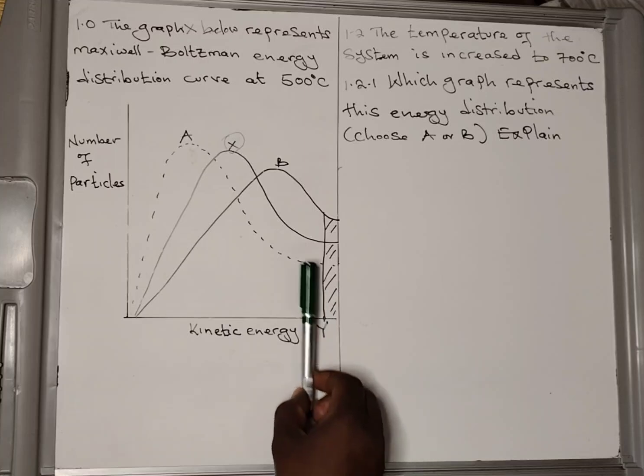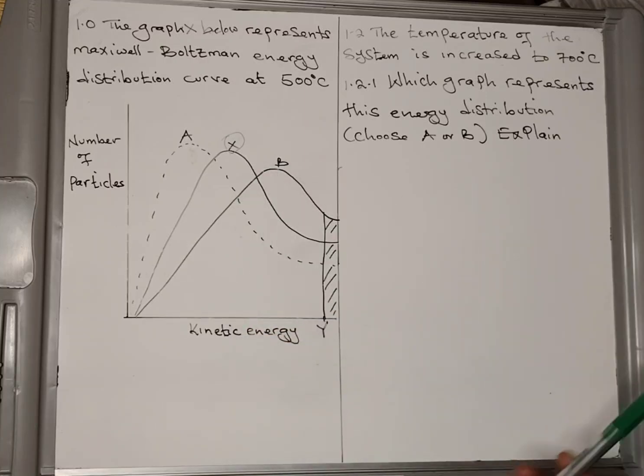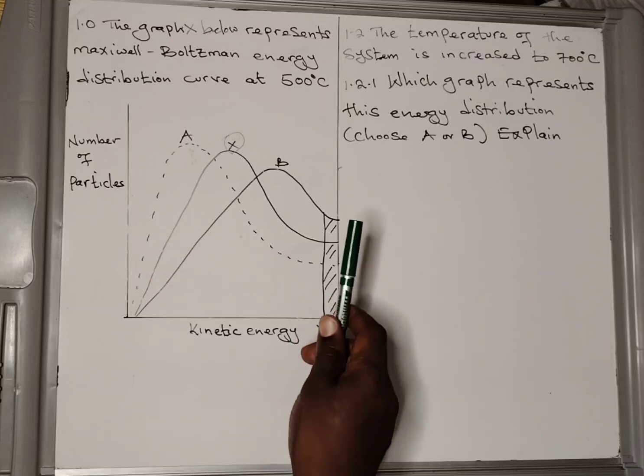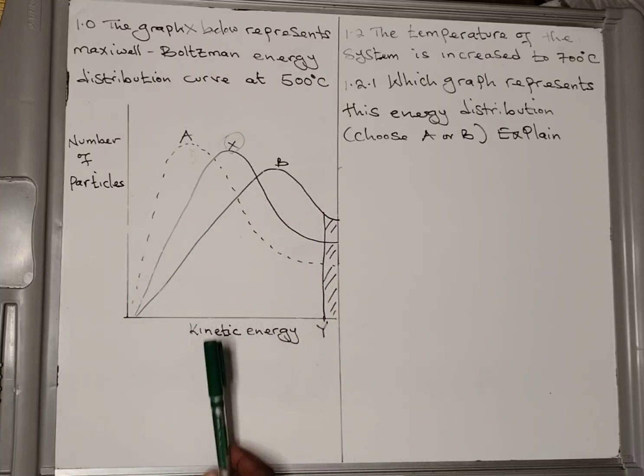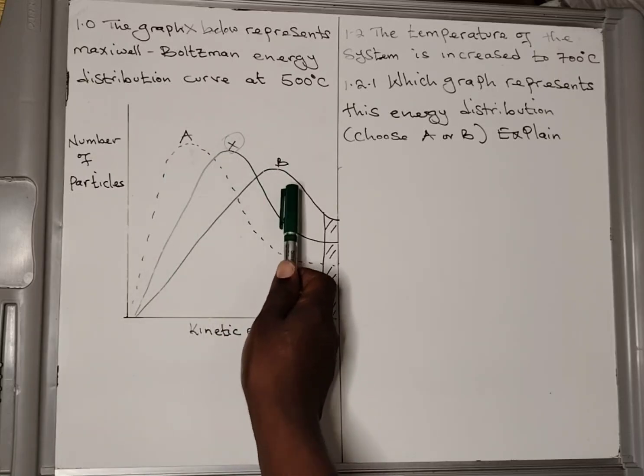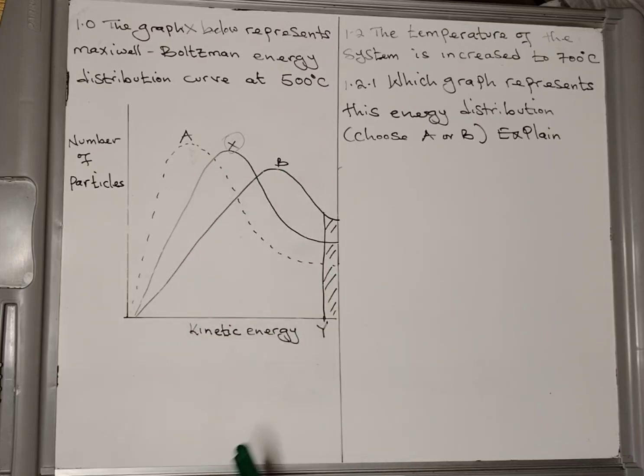When you have a graph which has the peak more to the right, that graph is having more energy compared to that before. So between A and B, which one is having more kinetic energy? The answer is B, because the peak is shifting to the right. So the answer is going to be B. And the reason is that B represents increase in kinetic energy of the system.